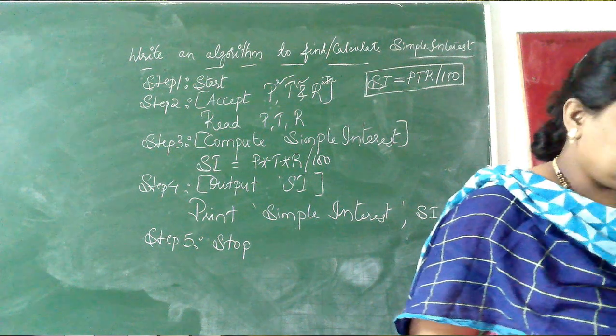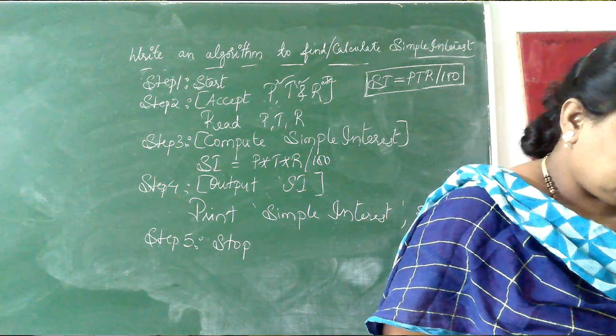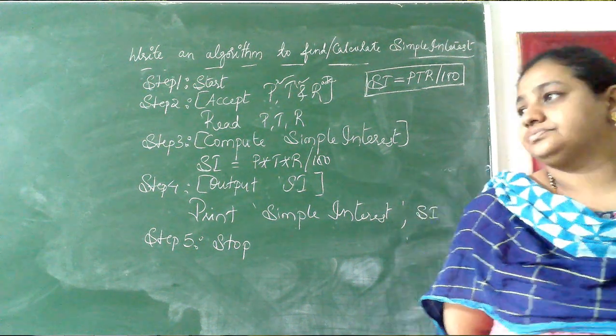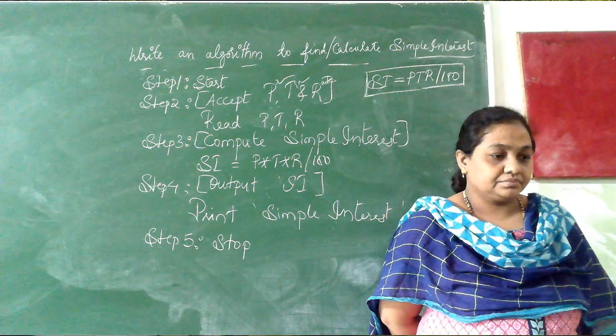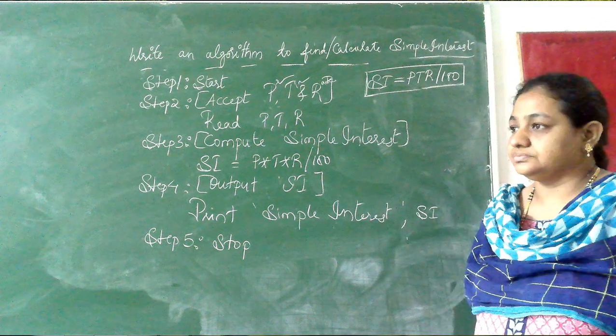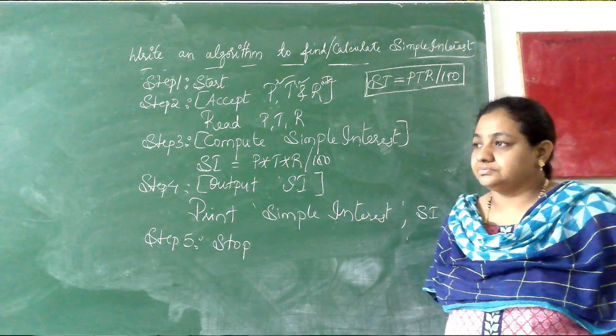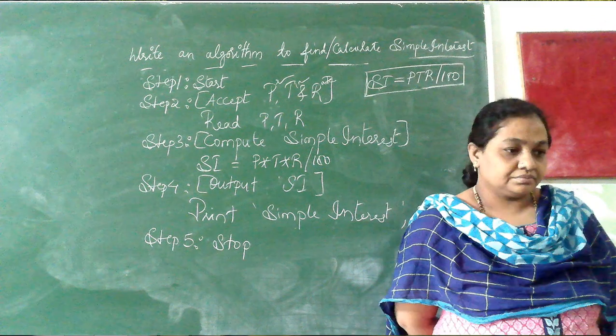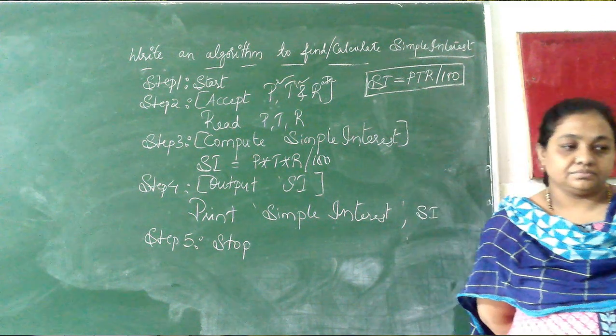SI is equal to P into T into R divided by 100. P into T into R divided by 100. So it will calculate the simple interest.